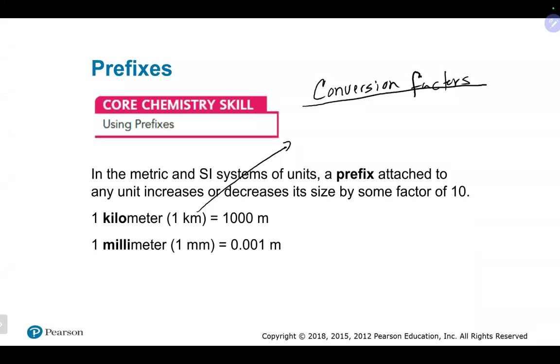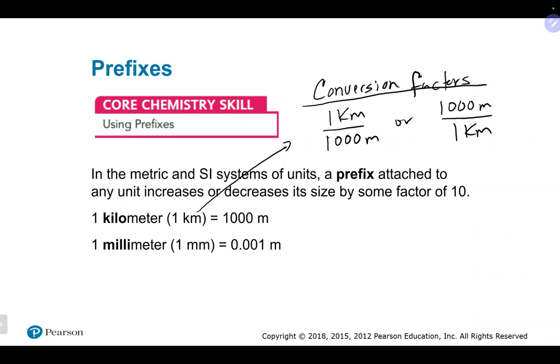For example, 1 kilometer over 1,000 meters would be one conversion factor we could use, or we could use 1,000 meters over 1 kilometer. These are the 2 conversion factors from this particular equality.